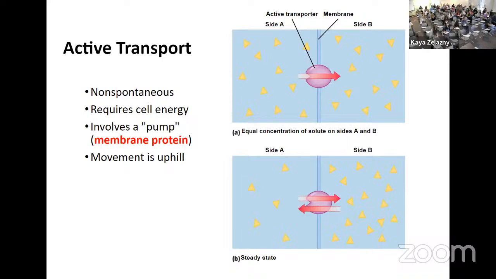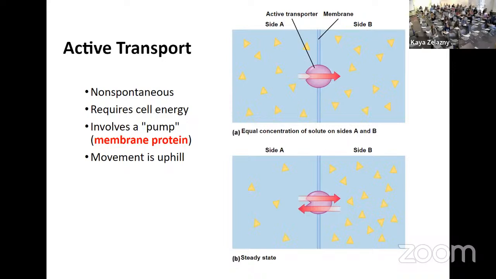If it's going the opposite direction, then you know you have active transport and you just have to figure out which type. So active transport is not spontaneous because it requires the input of energy at some point in time is another way we can think about that.